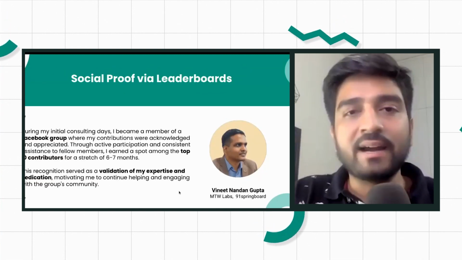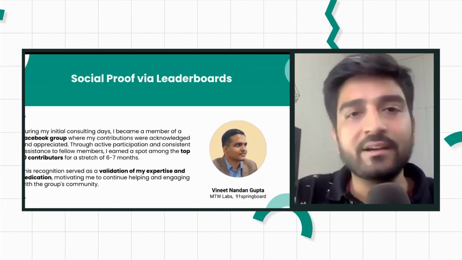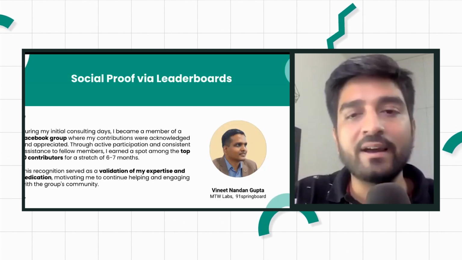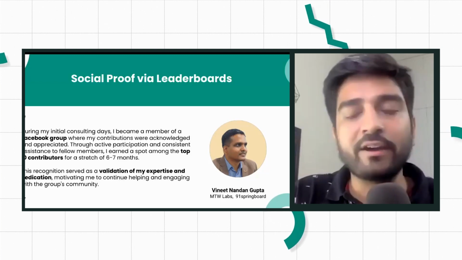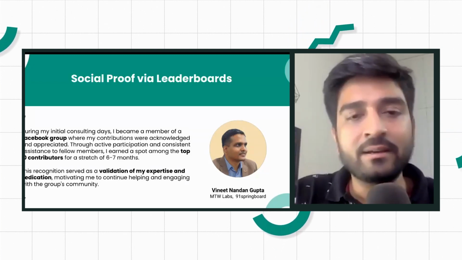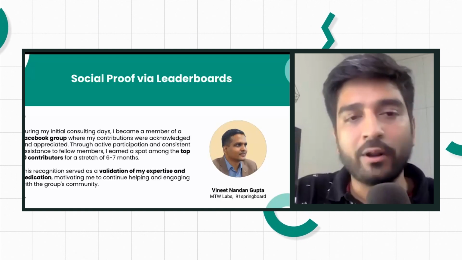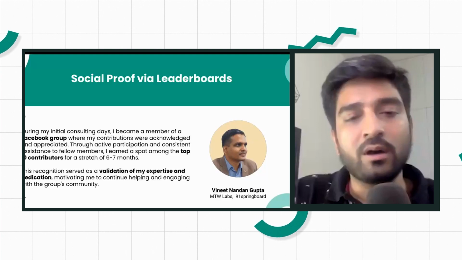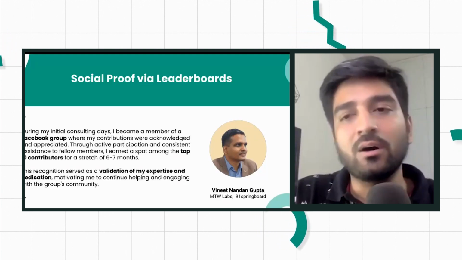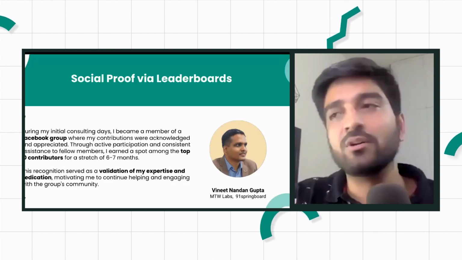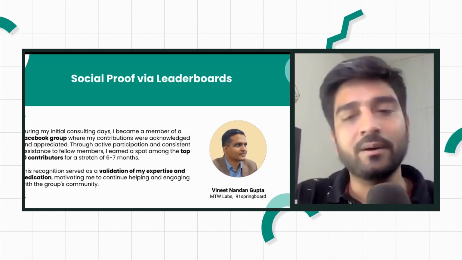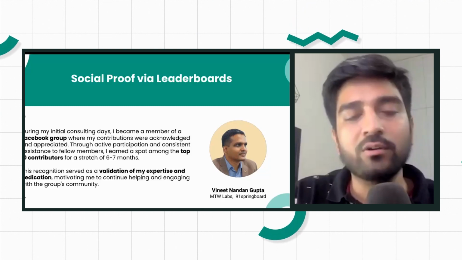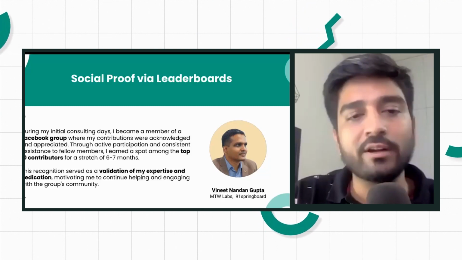The other thing that is interesting is, you could allow some kind of social proof via leaderboards, and it doesn't need to be technically done through a product, but it could be done very simply. In a Facebook group, you could give points based on certain activities, and you can count that. Facebook also allows that, and I'm sure there are tools on top of Discord and Slack that allow that.